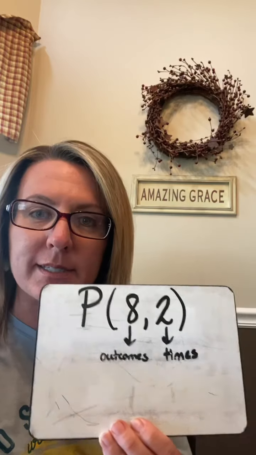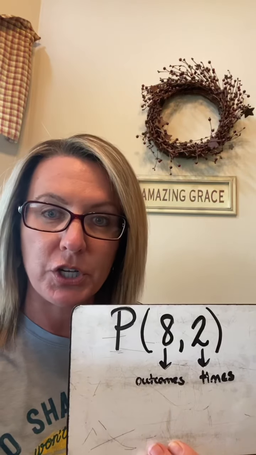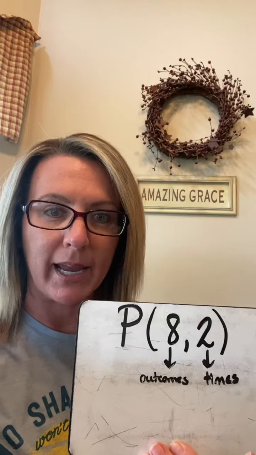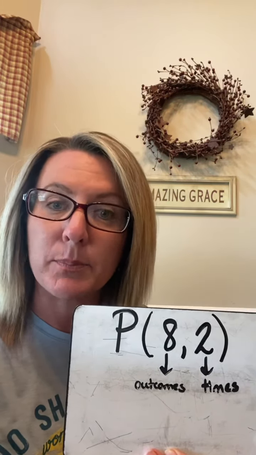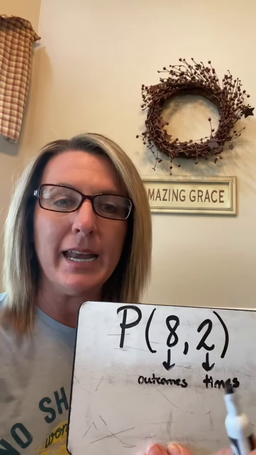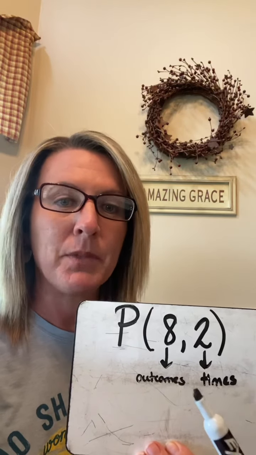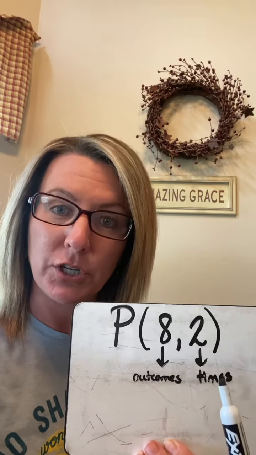In your book, we're going to see this a couple times, and I wanted to introduce it to you, let you know how to recognize it. We know that this P outside of the parentheses represents the probability, okay? And inside the parentheses here, we have an 8 and a 2.